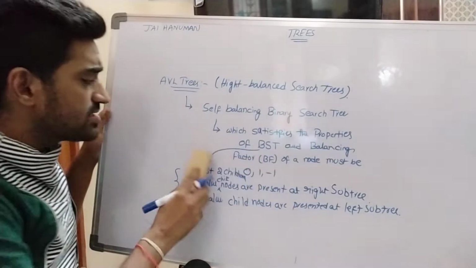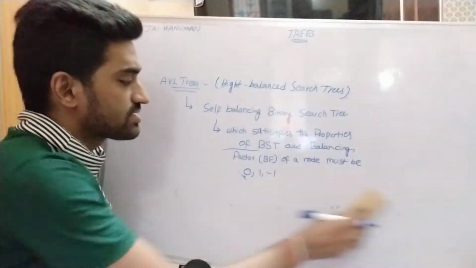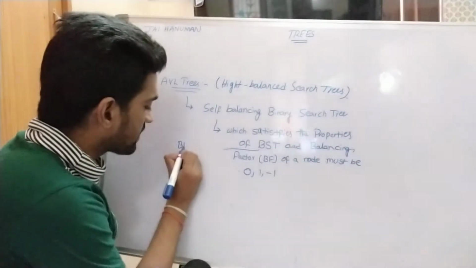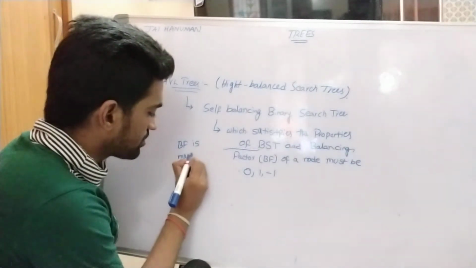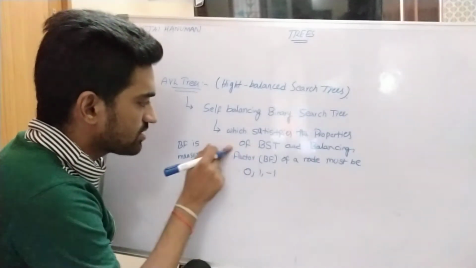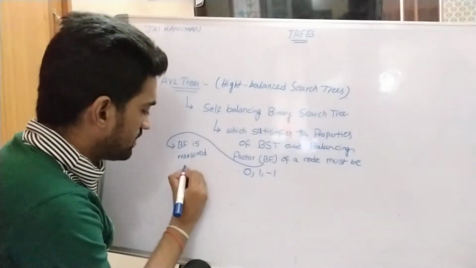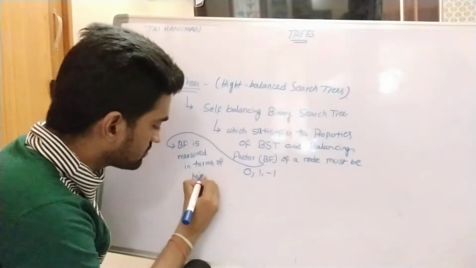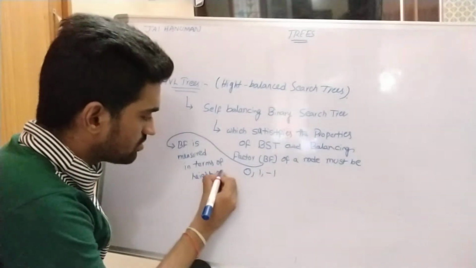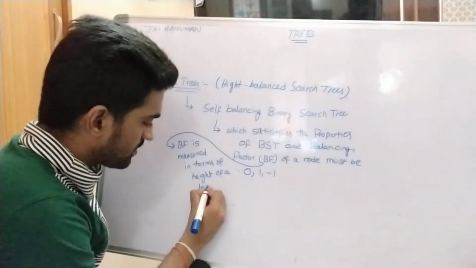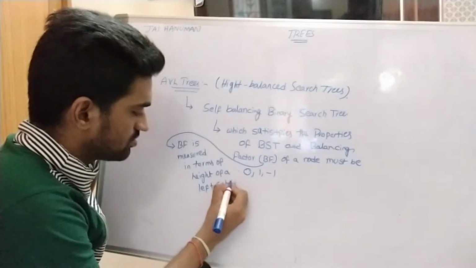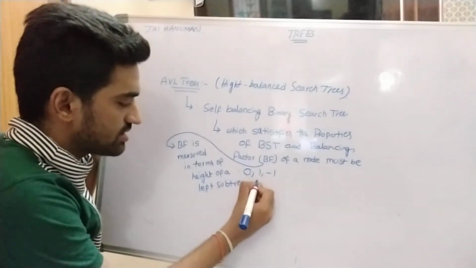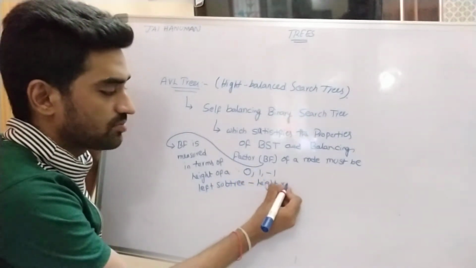Here the balancing factor of a node is measured in terms of the height of the left subtree minus the height of the right subtree.